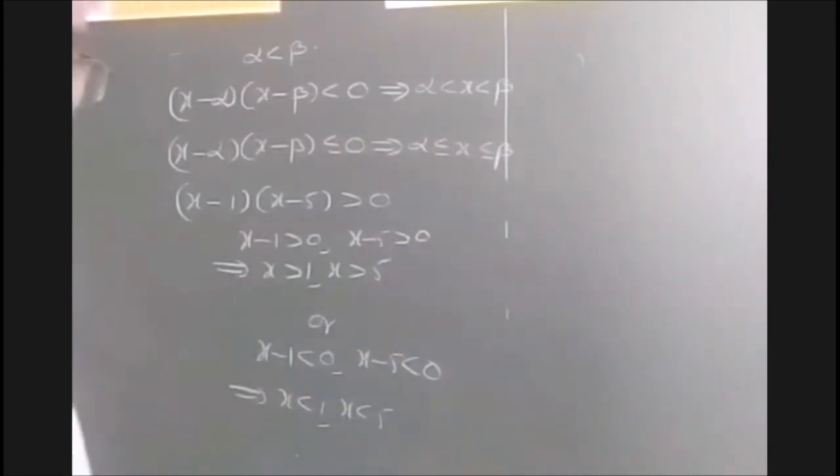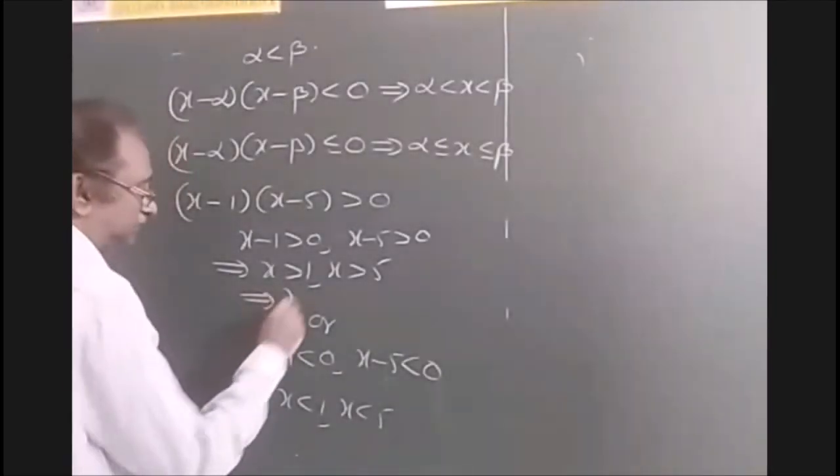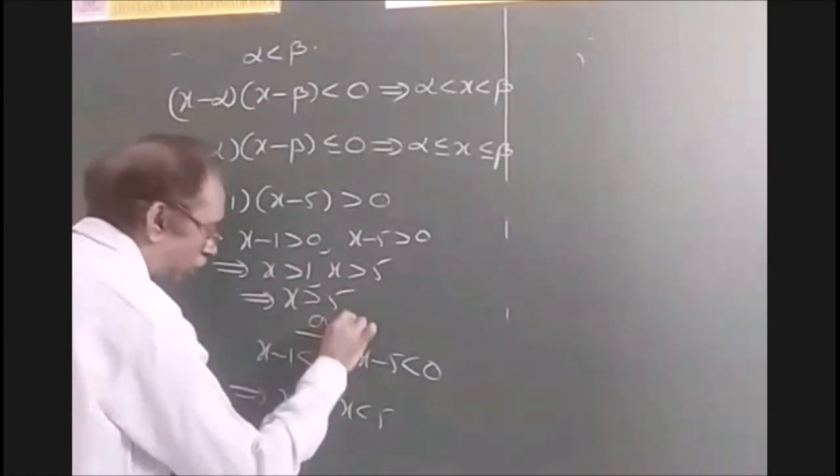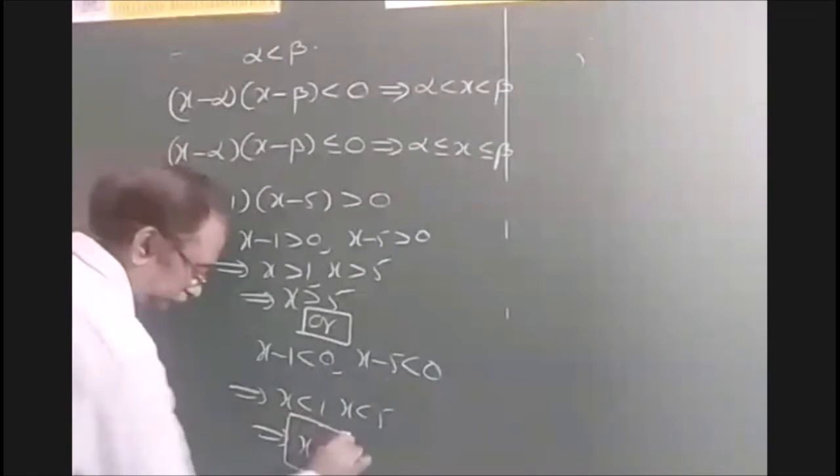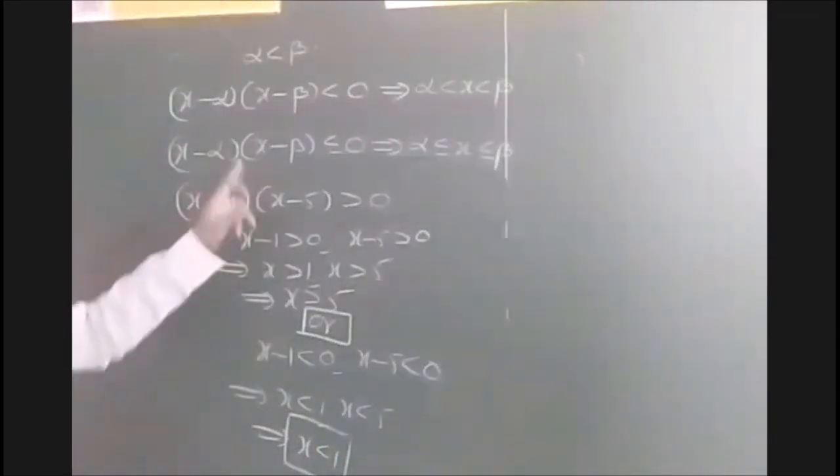That means, what is enough if you take x greater than 5? Very good, excellent. So that implies x > 5 here, and here obviously x < 1. Therefore, for this inequality, the solution set is either x < 1 or x > 5.